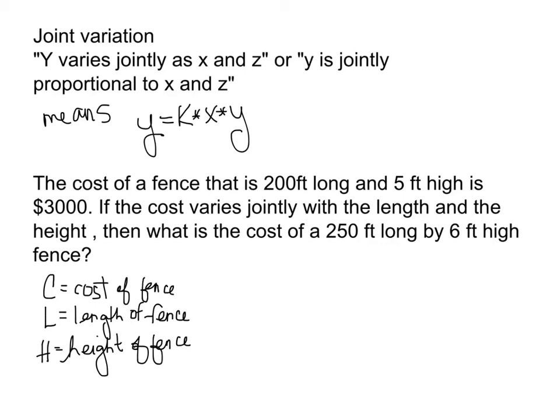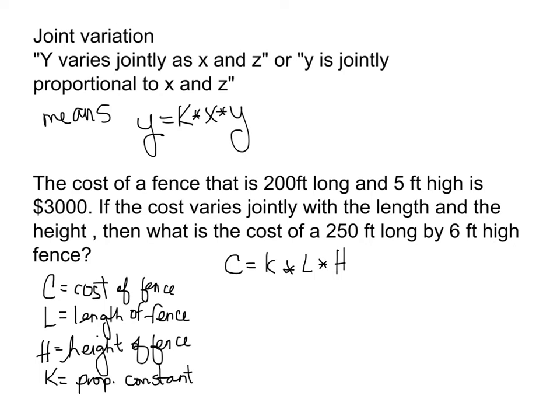So if we set this up, the cost of the fence varies jointly with the length and the height. That means the cost is equal to some constant of variation, k, or a proportionality constant, times the length times the height.